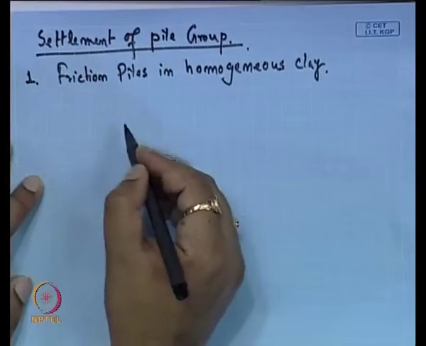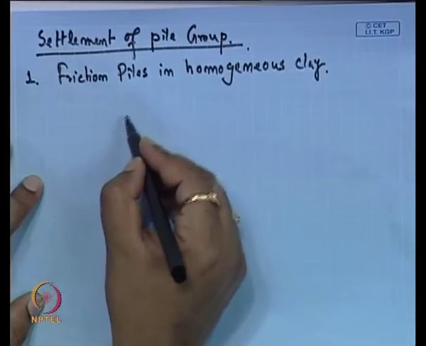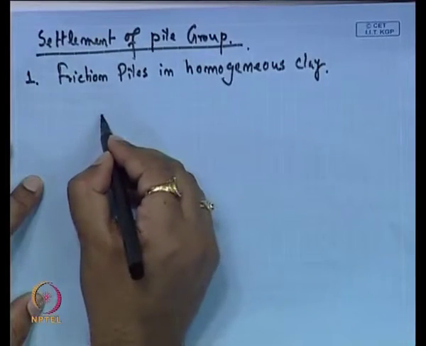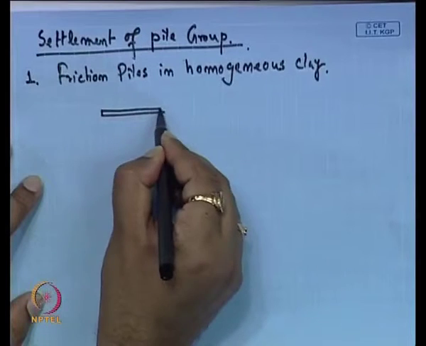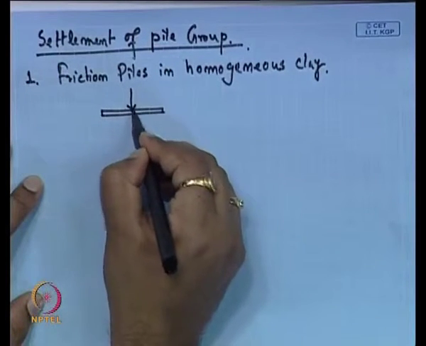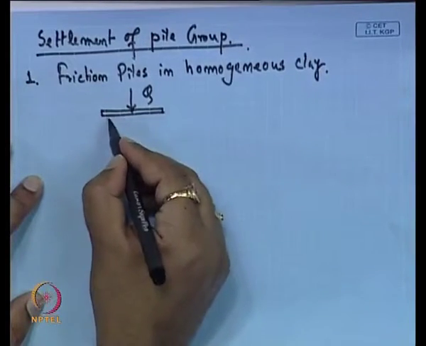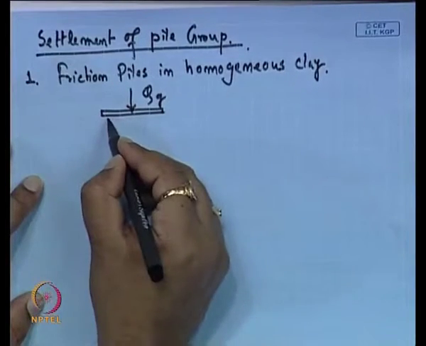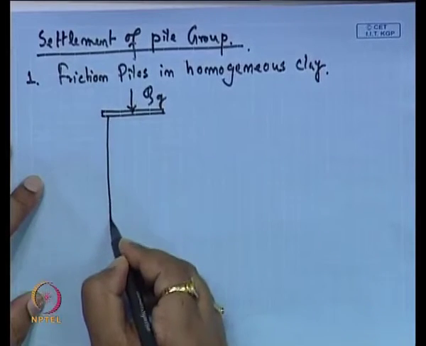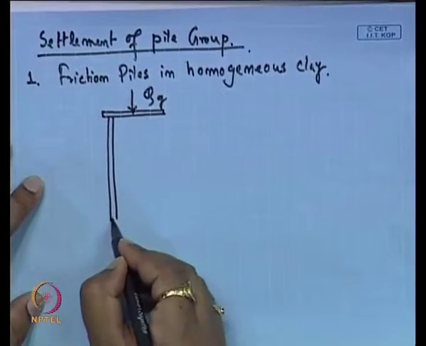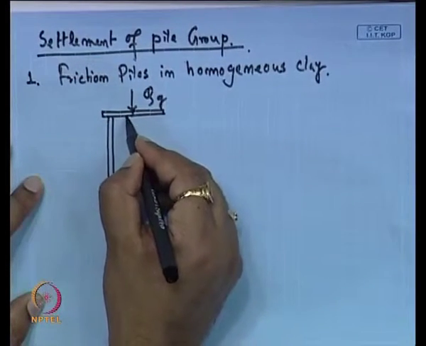Suppose this is the homogeneous soil, this is the pile cap, this is the Q in the group, and this is the length of the pile L, which is installed.